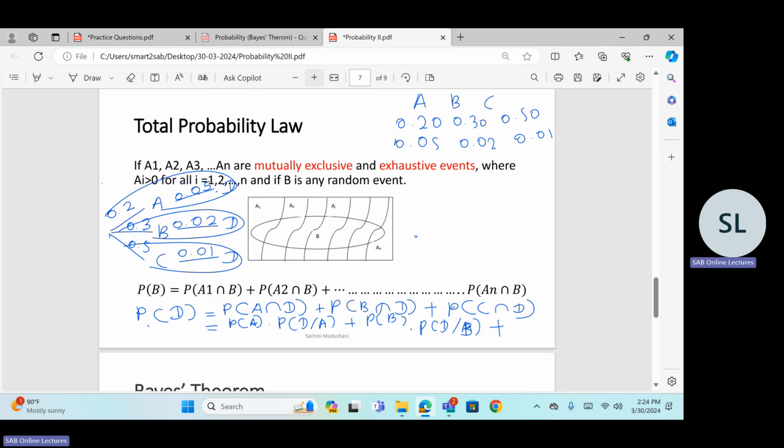We select the output that is defective, and now we look at which machine produced it. Say it was produced using machine A. What is the probability of it?